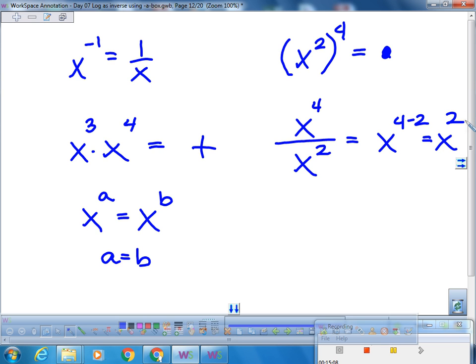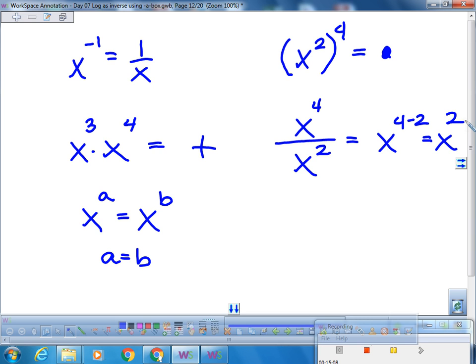All right. So remember that. When we see division, we subtract. When we see power to a power, it's multiplying, right? When we see common bases or multiplication, we add the exponents. So we're going to use all those same rules with logs.